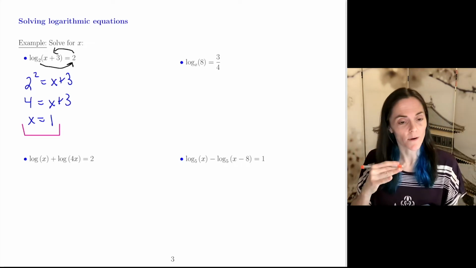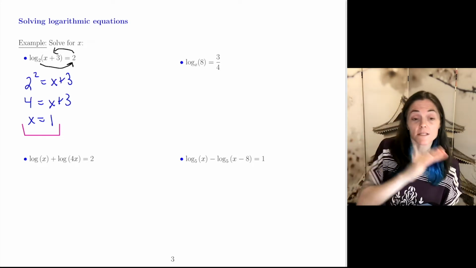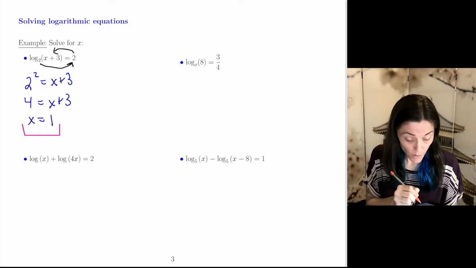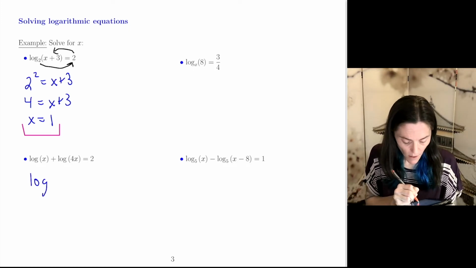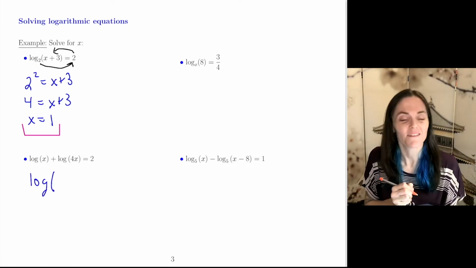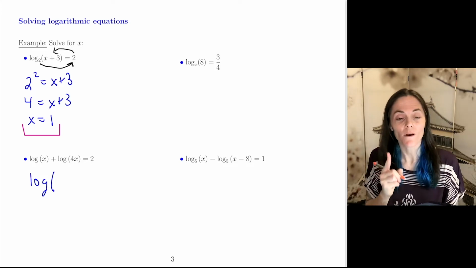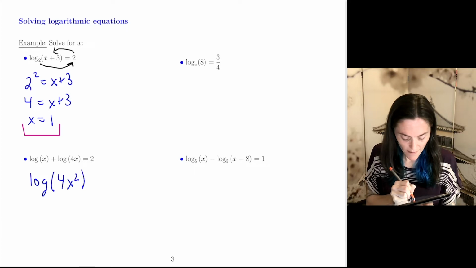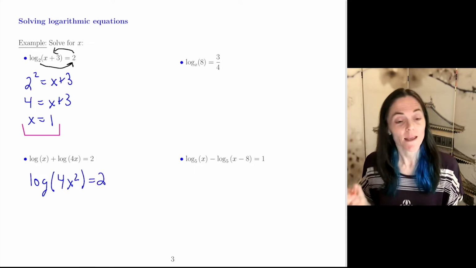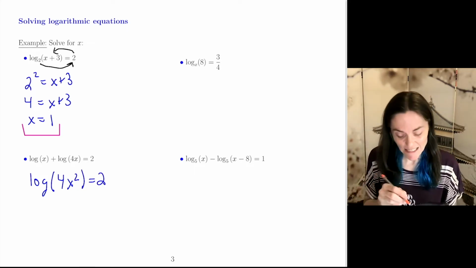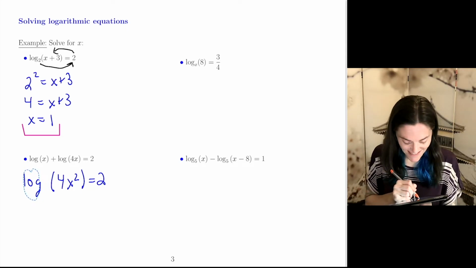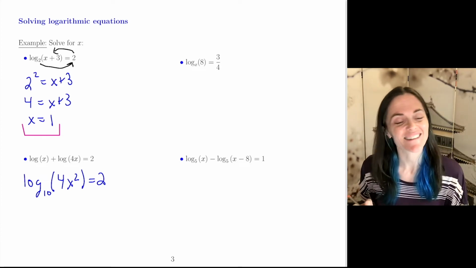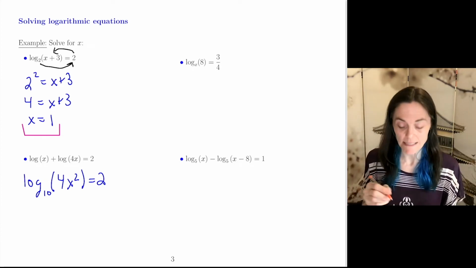Now let's move down. Here we have a sum of 2 logs. And so I want to use my property, first of all, that this is the log of 4x times x, or 4x squared, and this equals 2. Now you have to remember, looking at this notation, there is a 10 down here because log is log base 10.